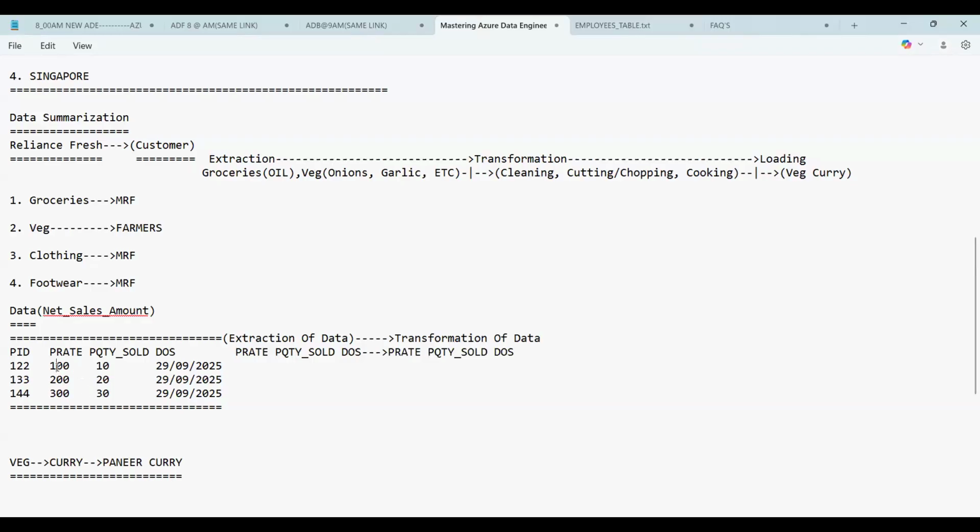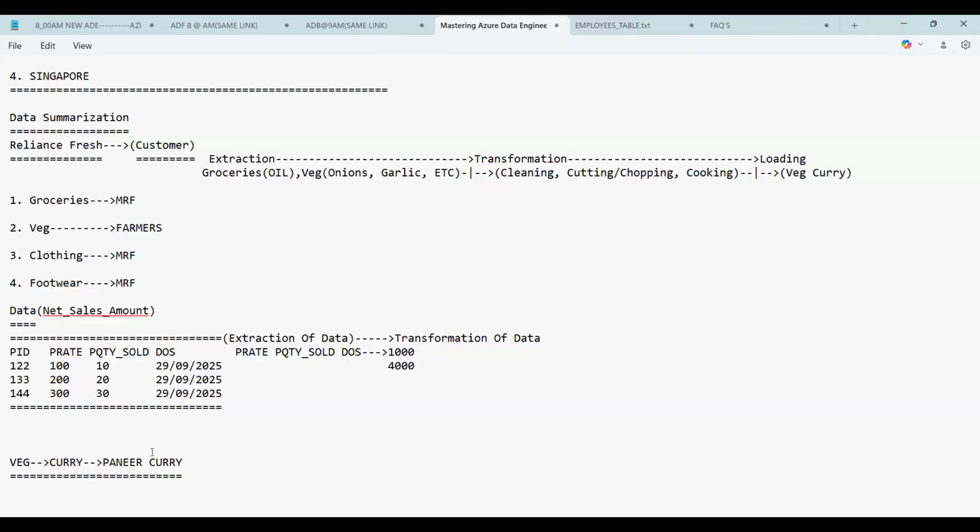When the product rate is 100 rupees and the quantity sold is 10, what do you have to do? 100 into 10, I'll calculate it. What is 100 into 10, everyone? 1000. 200 into 20 means what, guys? 4000.